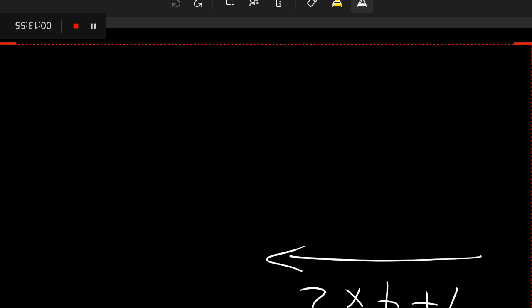Let's see an example. For example, say we had 7 plus 4 times 2. You may be inclined to go left to right and do 7 plus 4, well that's 11, times 2 is 22, but that would be wrong. We have to use PEMDAS.